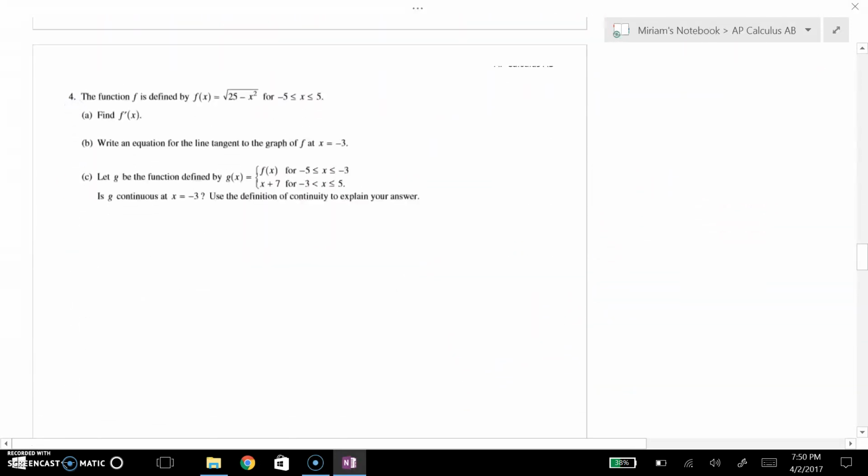Okay, number 4 has a few parts. You can do all of them. Okay, so they give you a function f defined by f(x) equals the square root of 25 minus x squared for negative 5 less than or equal to x less than or equal to 5. Part A, take the derivative. You can do that. Just a quick hint, change it to (25 minus x squared) to the 1/2.